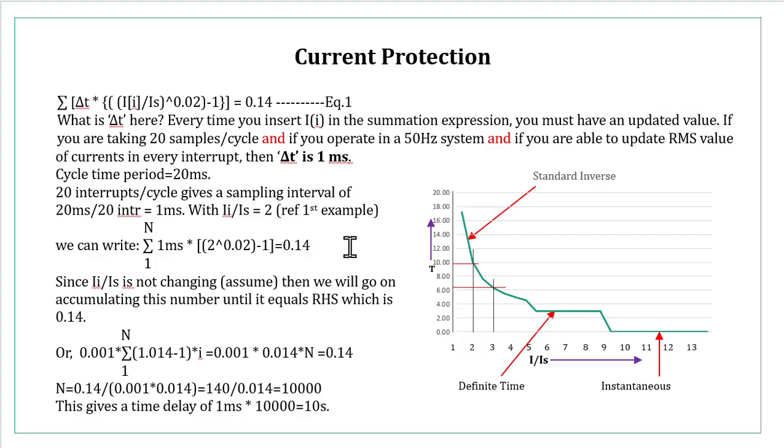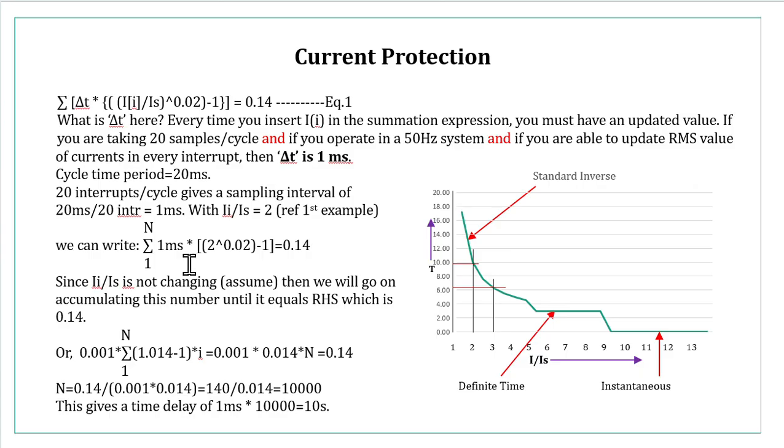That will decide the tripping delay. Suppose it takes 100. If you do this summation 100 times, which means n equal to 100, and you get left hand side equal to right hand side, then it will mean that 100 into 1 millisecond, that is 0.1 second, is the tripping delay, right?